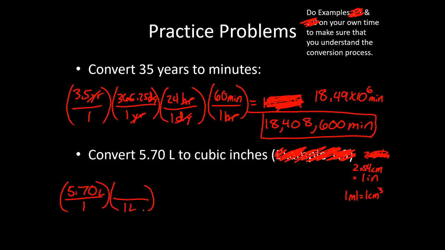So for every 1 liter, there are 1,000 milliliters, and we'll talk more about those prefixes, I believe, in the next video. But for now, just know that for every 1 liter, there are 1,000 milliliters. For every 1 milliliter, there is 1 centimeter cubed. And we know that there are 2.54 centimeters in every 1 inch.